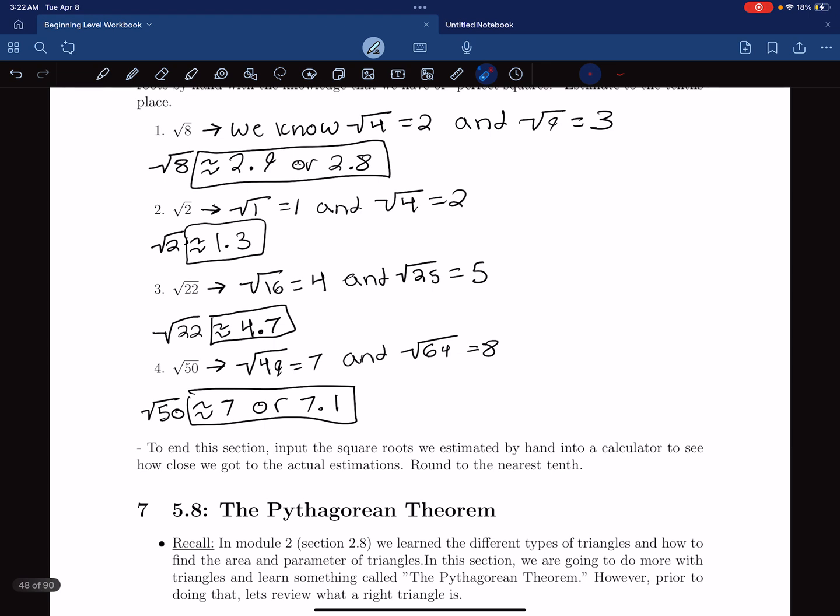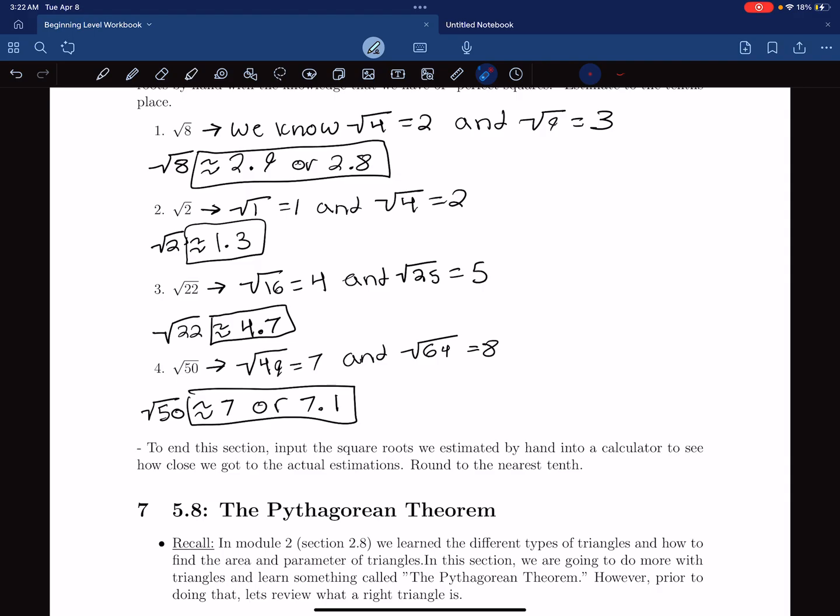So the last thing I want to do to end this section, let's practice putting these square roots that we did here into the calculator to see how close we got. We're going to find actual estimations, see if we got somewhat near the actual values. So if you have a calculator, I encourage you to pause the video and get your calculator out.